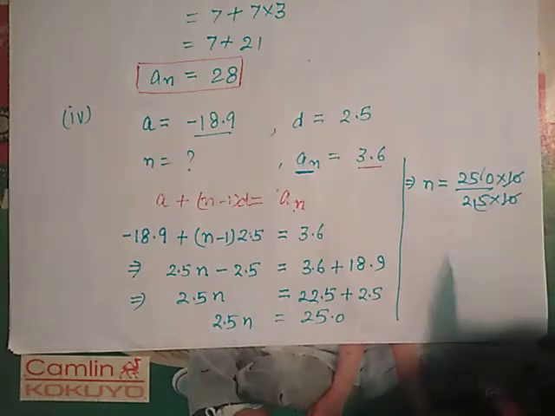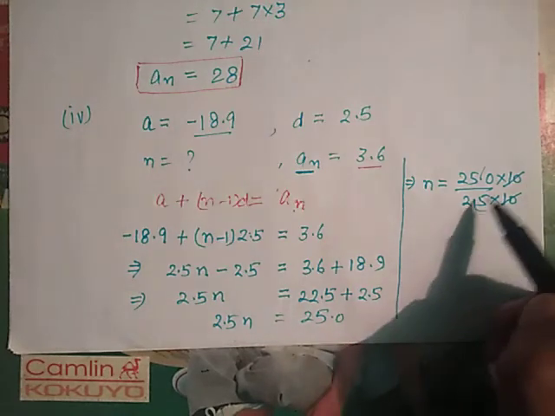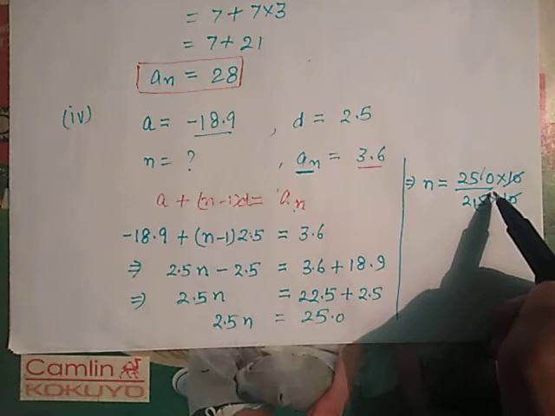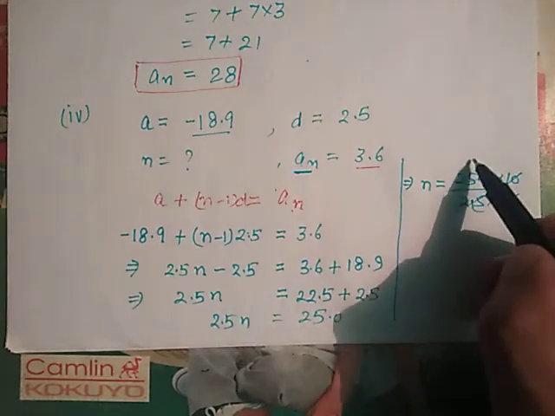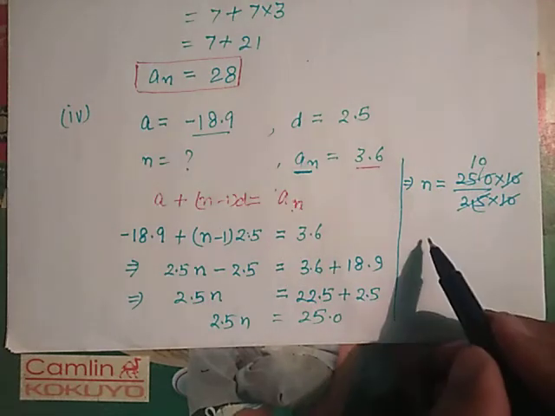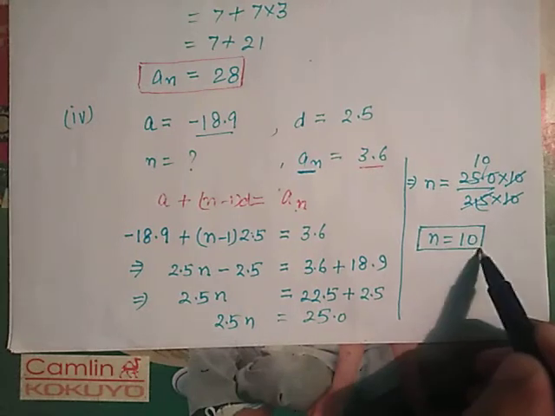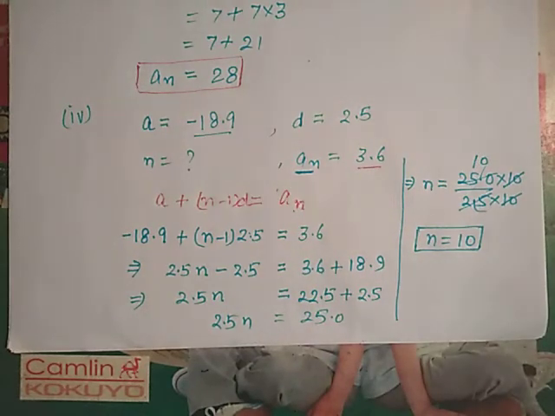This 10 can be cancelled by this 10, or you can simply remove the decimal on your own. So you have here 250 and 25, so 25 times 10 is 250, so the required value of n is 10. In this way we find the value of n.